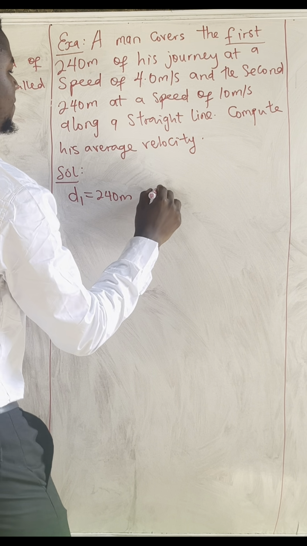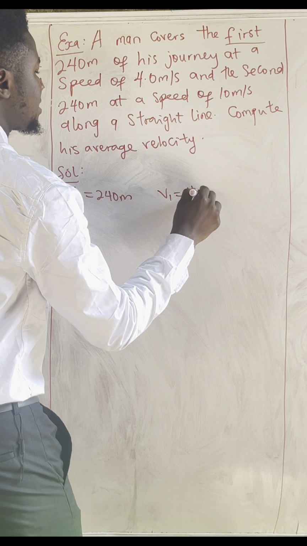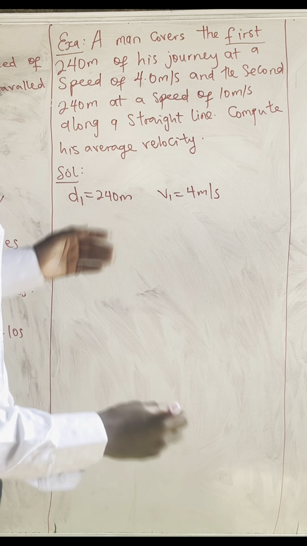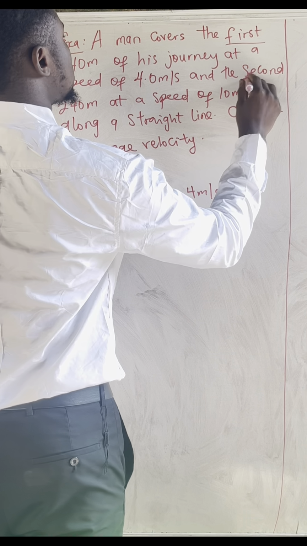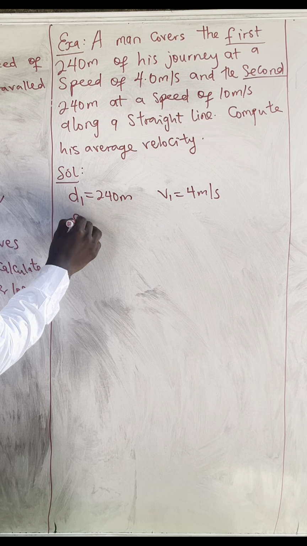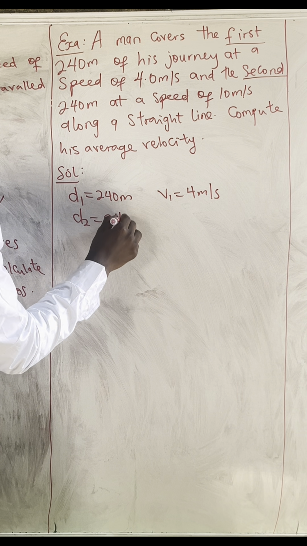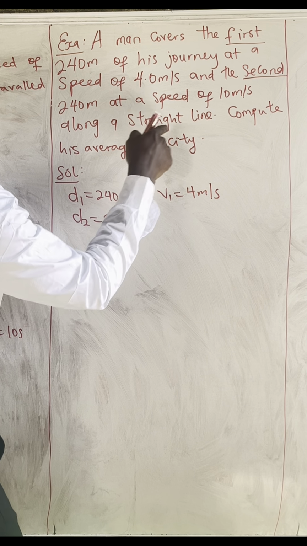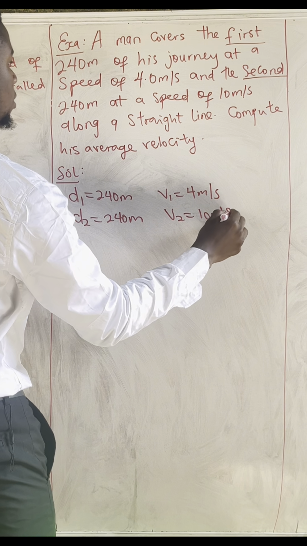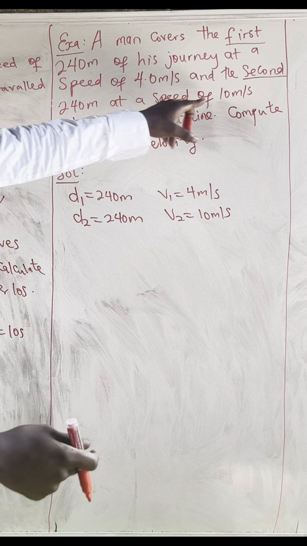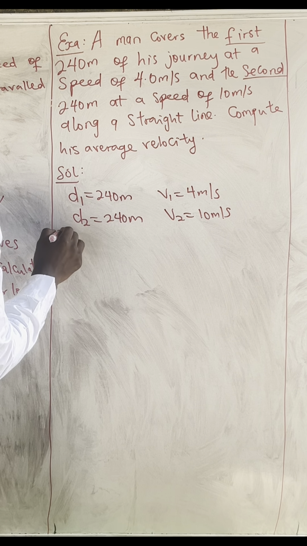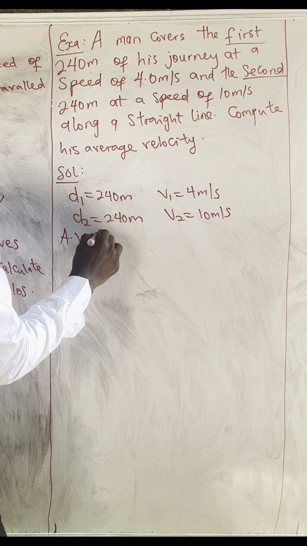The velocity v1 is equal to 4 meters per second, because they say that the first 240 meters, meter is the unit of distance, and the second 240 meters, d2 is equal to 240 meters, and then v2 is equal to 10 meters per second. The second distance and the speed. Calculate his average velocity. So I'm looking for average velocity.